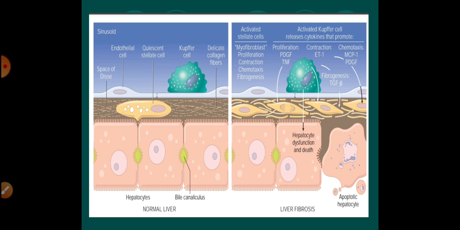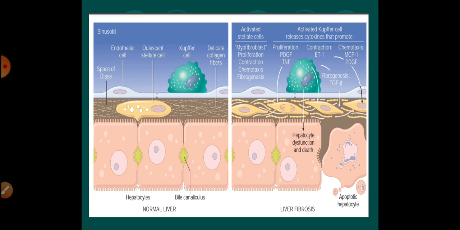The necrosis can also be because of the cytokines produced by the mononuclear phagocytic Kupffer cells. The cytokines and chemical mediators produced by the dying hepatocytes, the Kupffer cells and activated endothelial cells will cause activation of the stellate cells.